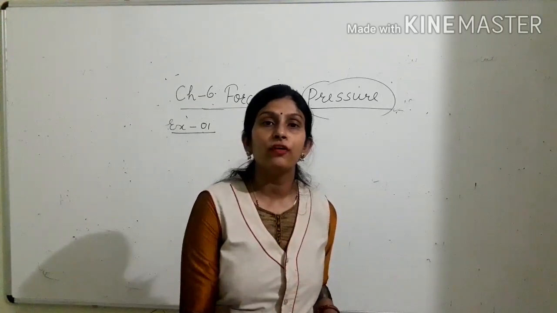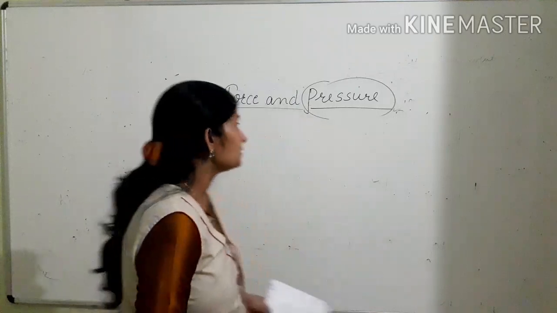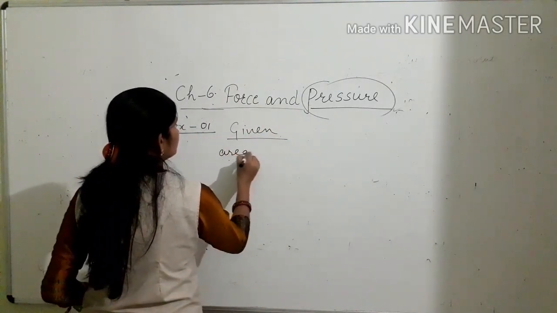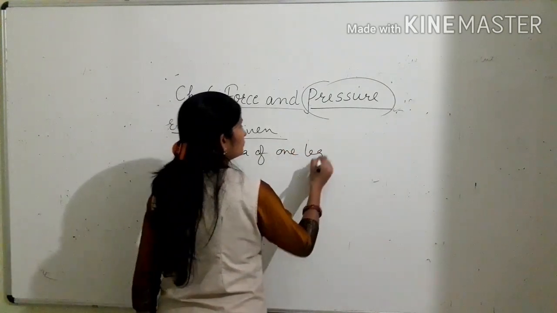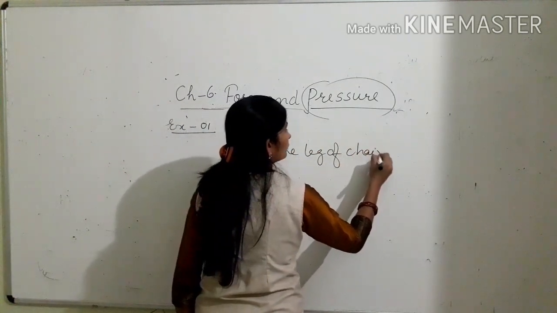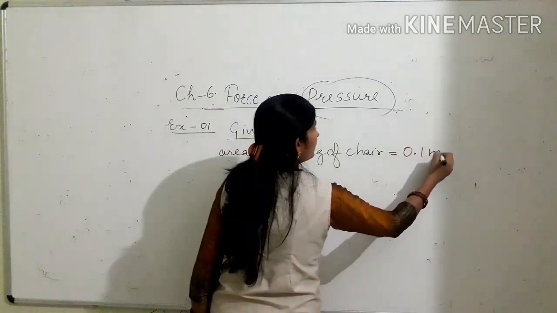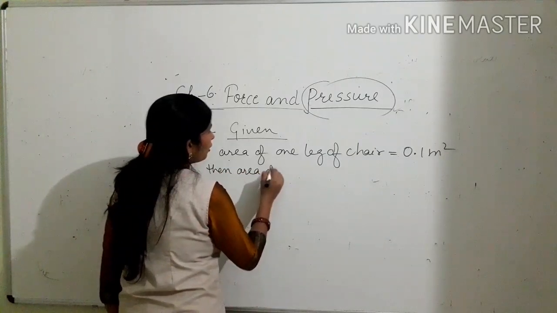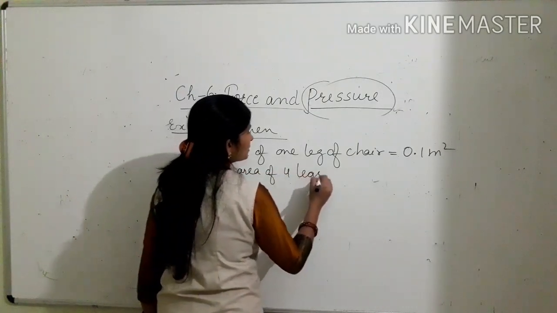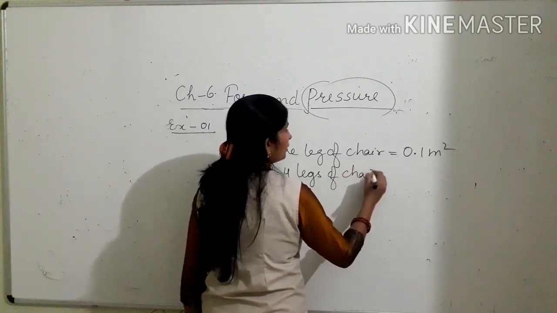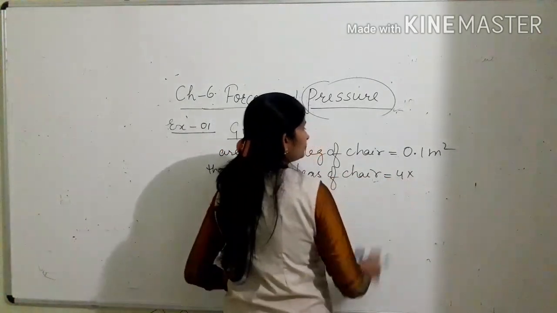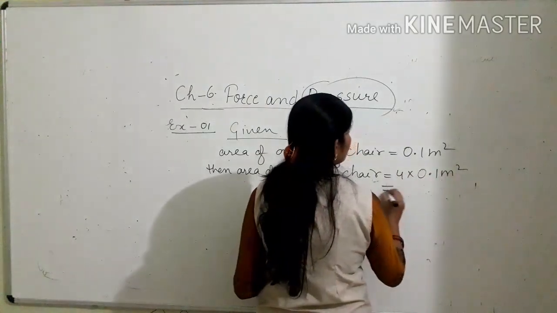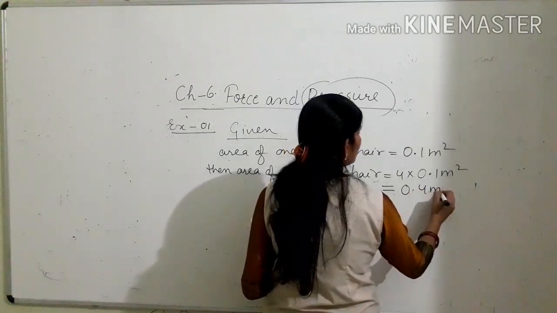If the area of one leg is 0.1 meter square, then the area of 4 legs of the chair will be 4 into 0.1 meter square, that is 0.4 meter square.